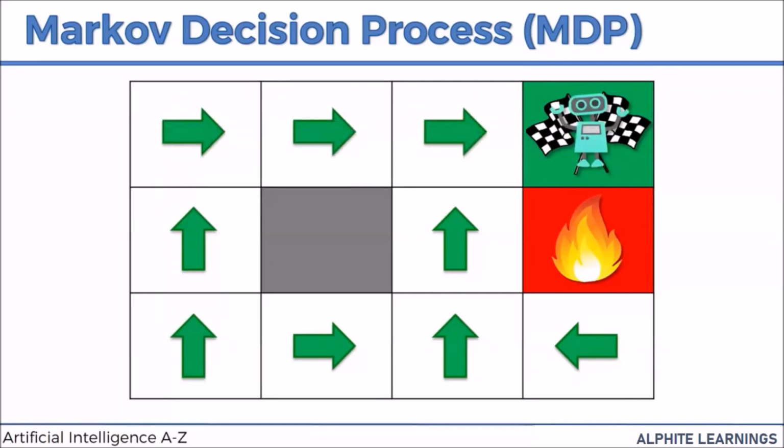If it is here, it has only one go. Consider if it is here, it has a probability of moving 50% this side and 50% this side.